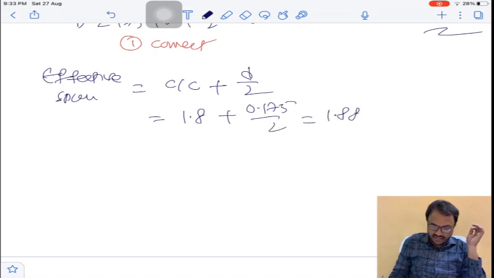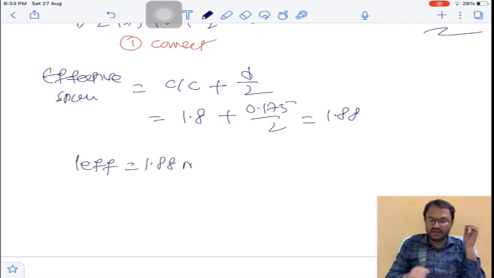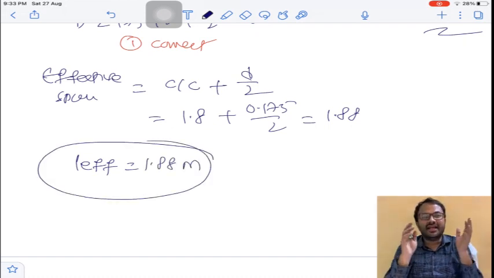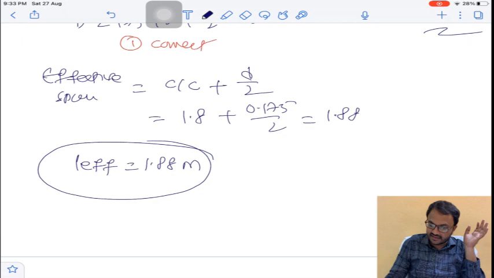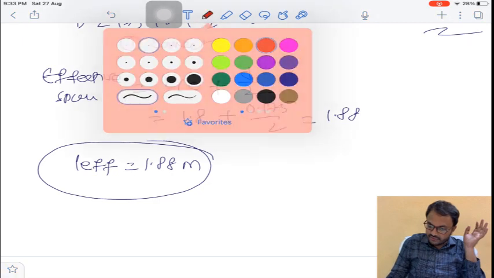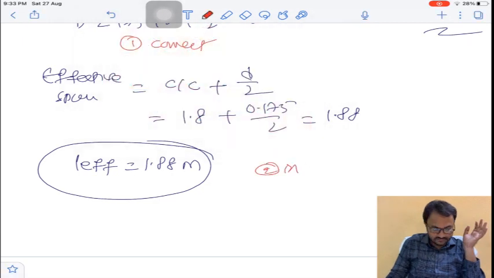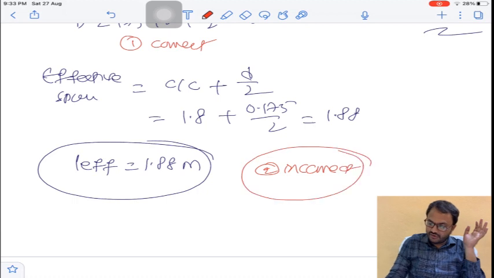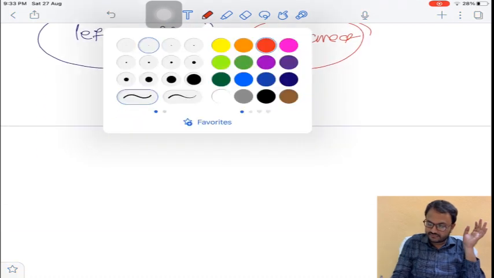So L effective is equal to 1.88 meter. So in the second statement, he asked L effective is equal to length plus 1/3 of depth. So statement 2 is incorrect. 2 incorrect.